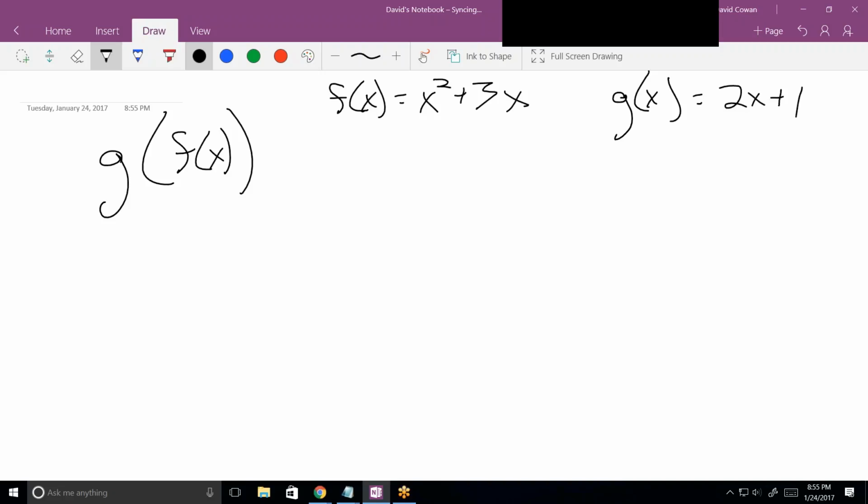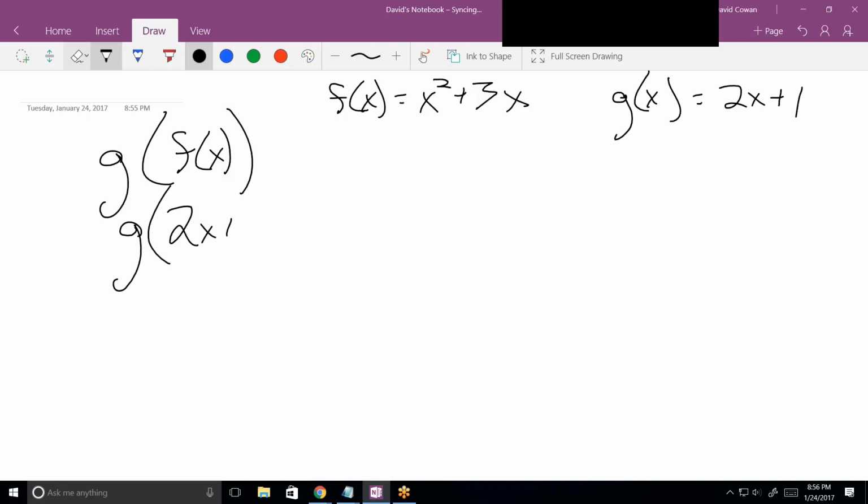So what's the first thing I should write? So the first thing that you would write would be 2 parentheses x squared plus 3x parentheses plus 1. Yeah, that's kind of shortcutting a step out, which I don't have any problem with, if you seem to know what you're doing here. When I'm teaching this, I always am going to do this.